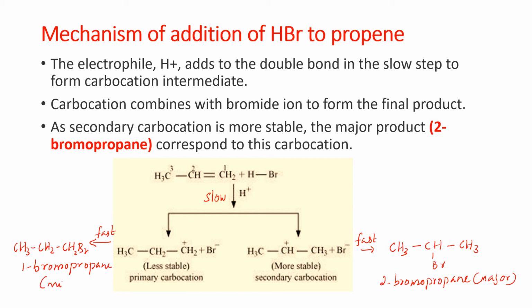And that is the minor product. So Markovnikov rule can be explained by considering the stability of the intermediate carbocation. The product corresponding to the more stable carbocation will be the major product.